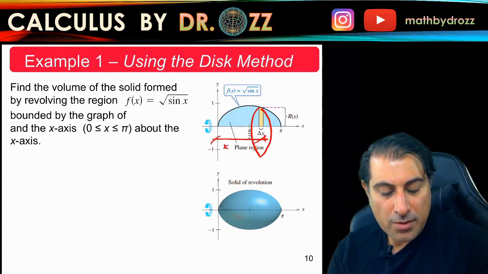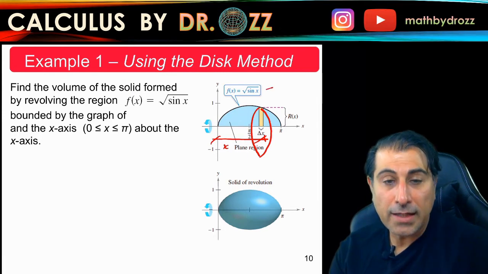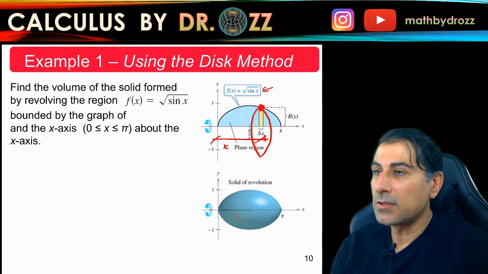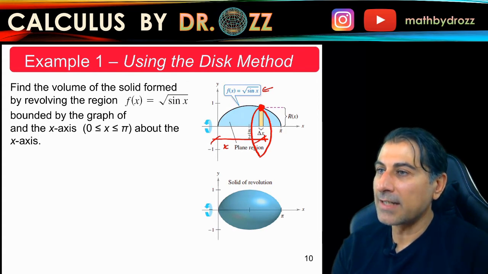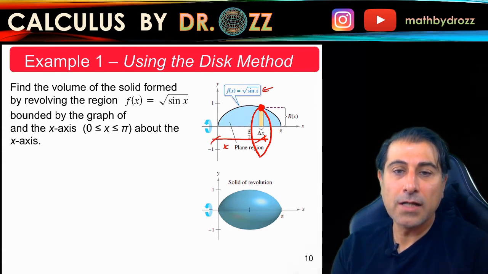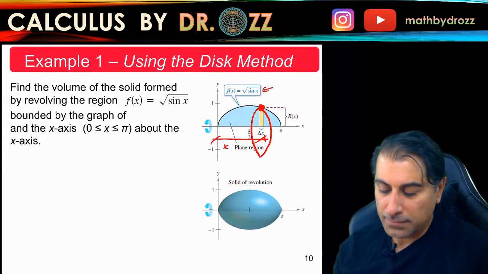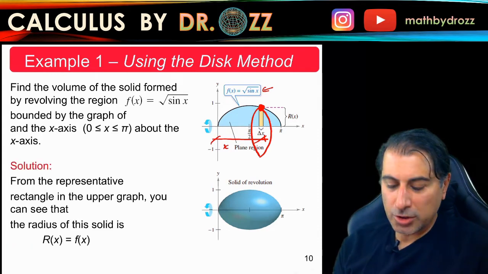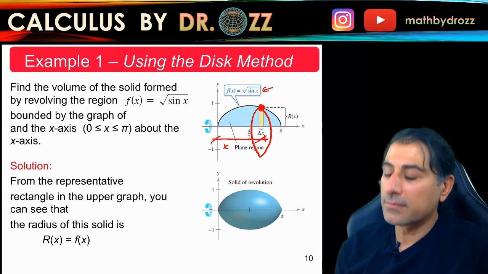Since this function is radical sine x, the height of the rectangle, as you see, touches the curve radical sine x. So that determines the height of the rectangle, which is in fact radical sine x. So in other words, r is just f of x.